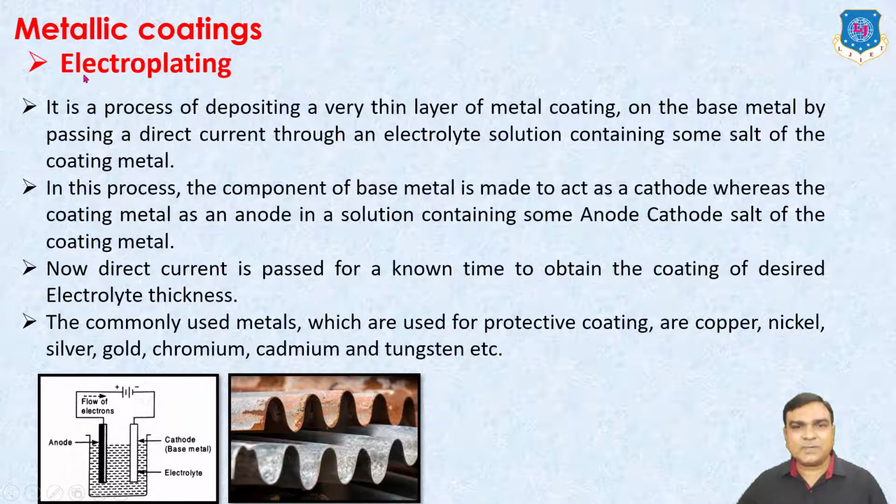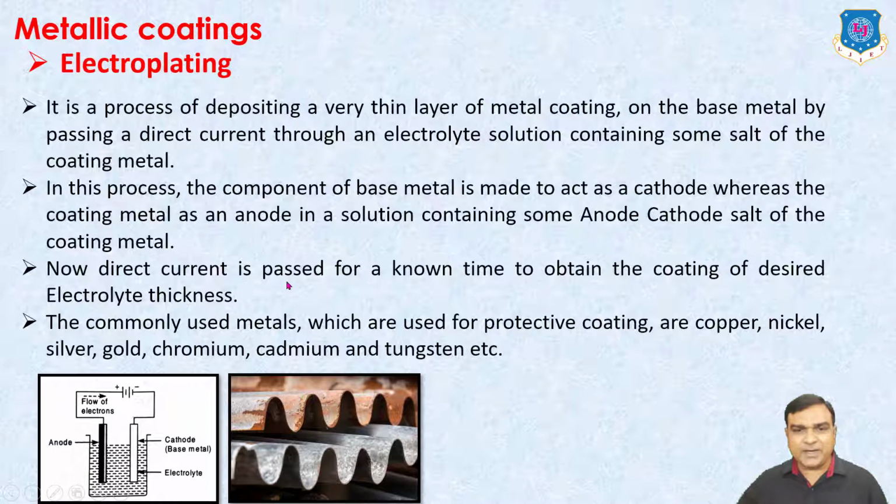For metallic coatings, first is electroplating. It is a process of depositing a very thin layer of metal coating on a base metal by passing a direct current through an electrolyte solution containing some salt of the coating metal. In this process, the component of base metal is made to act as the cathode, whereas the coating metal is the anode, and the solution contains some salt of the coating metal.